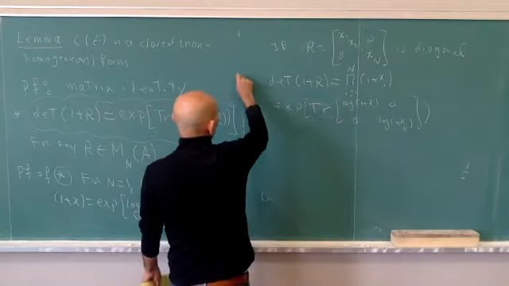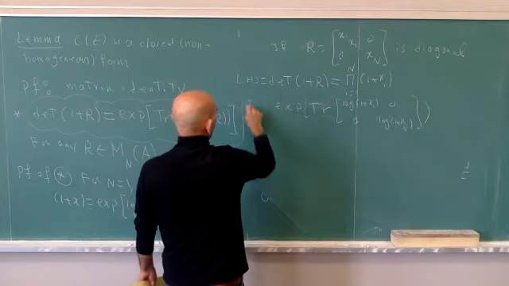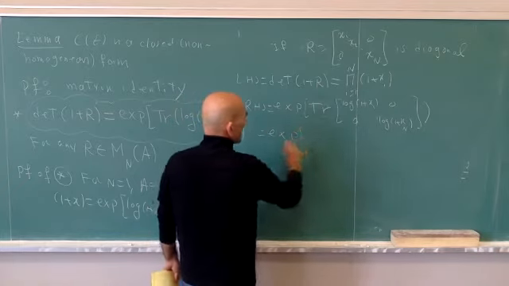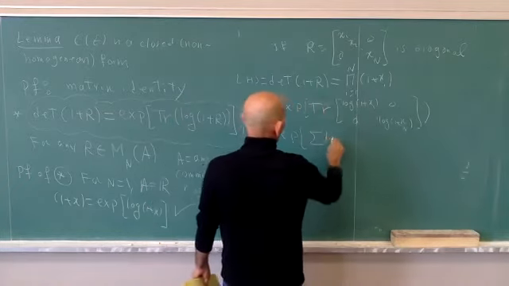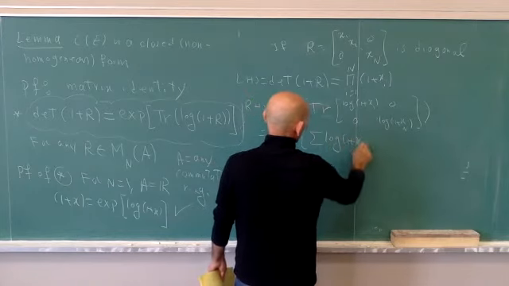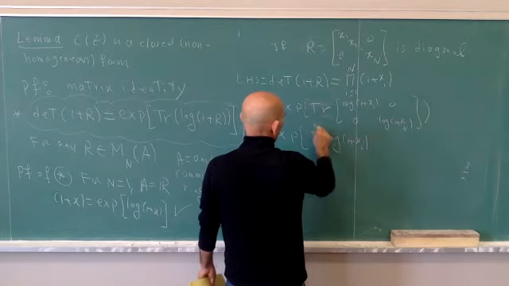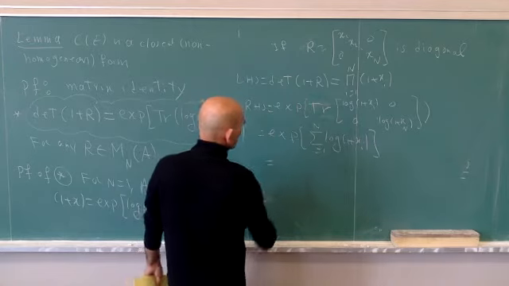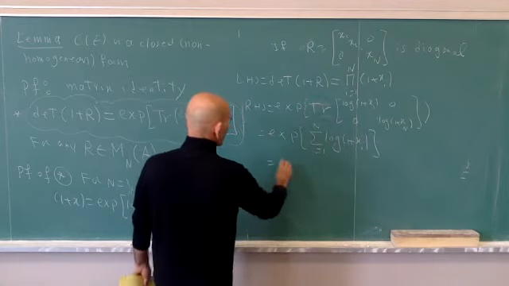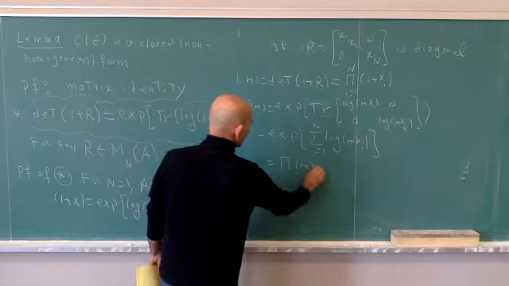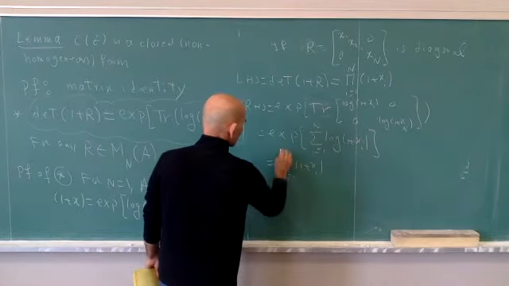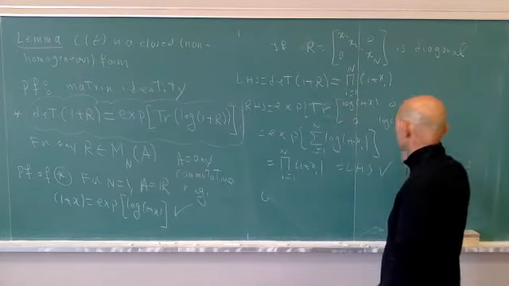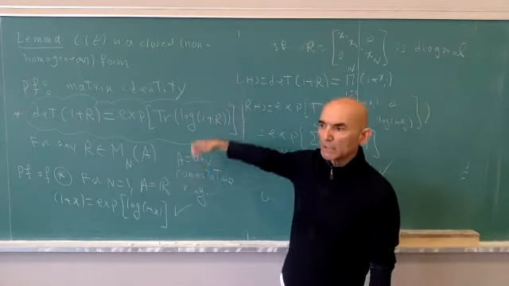The trace of this is the sum of log of 1 plus xi. So the right-hand side is just the product of 1 plus xi, which is equal to the left-hand side. So for diagonal matrices it is also true.